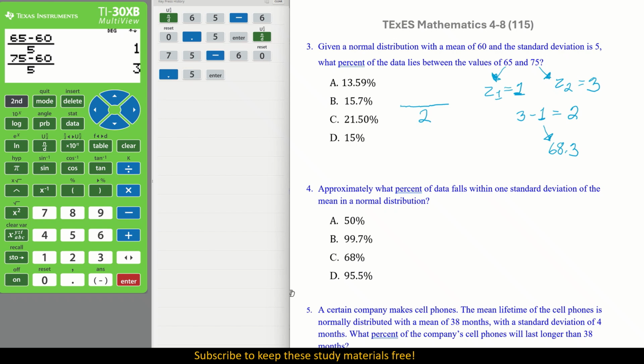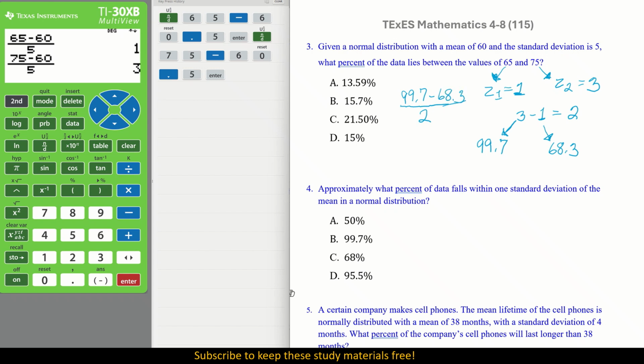Either one usually works to get us what we need. And within 3, that gives us the percentage of 99.7. And that's your empirical rule. So you just simply subtract those.